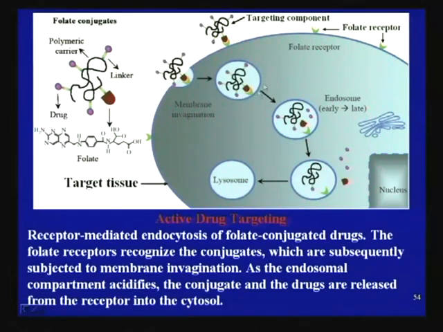So, when it circulates or moves inside, it will catch. That means the affected site must have the receptor of this folate. If there is a cancer cell, the cancer cell has this folate receptor.